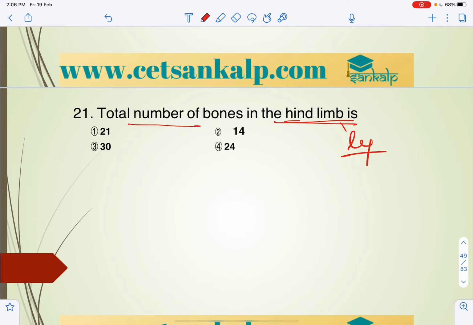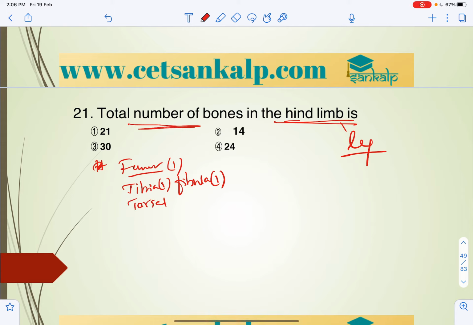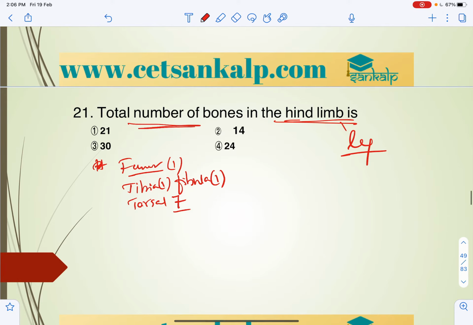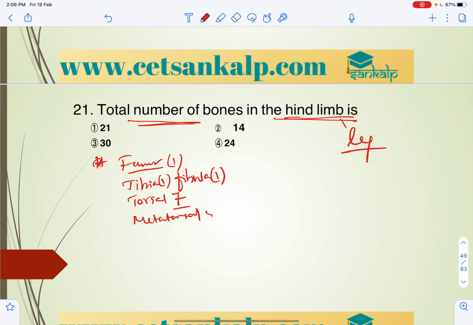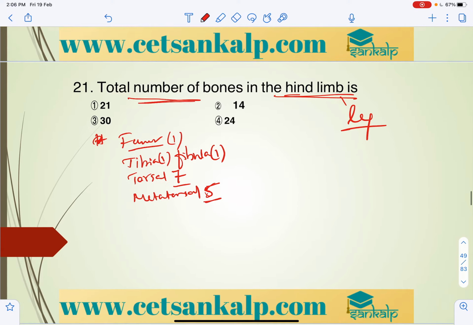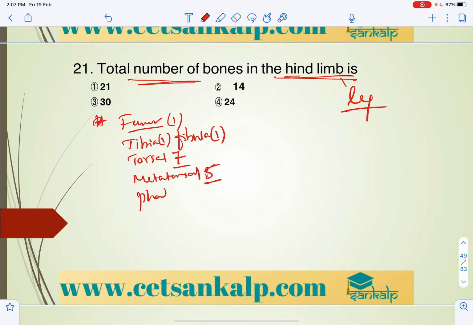You can count that: the femur 1, tibia 1, fibula 1, and after that the tarsals, 7 instead of the carpals 8, then metatarsals, which are in rows and attached to the digits, and phalanges 14.